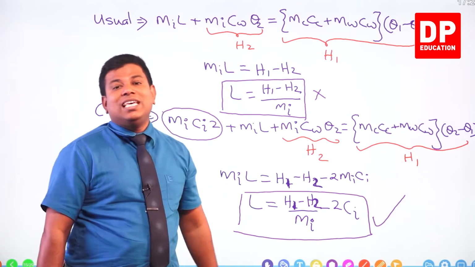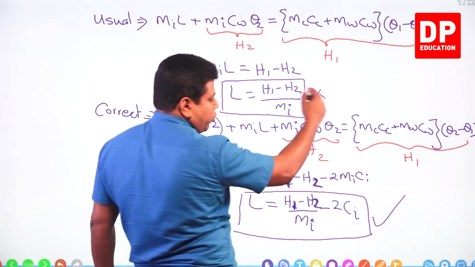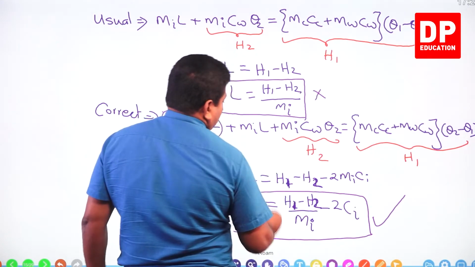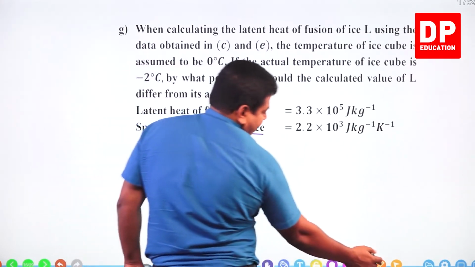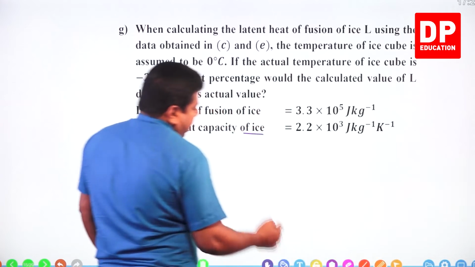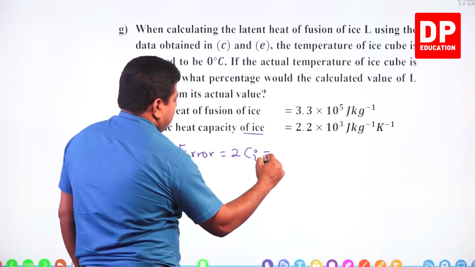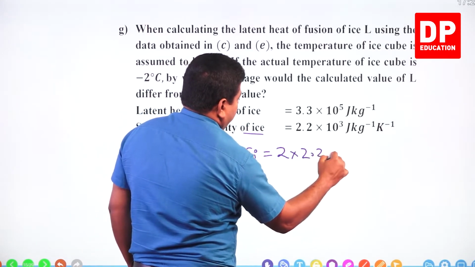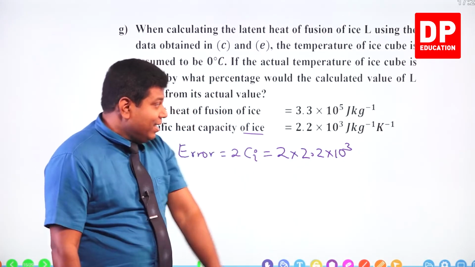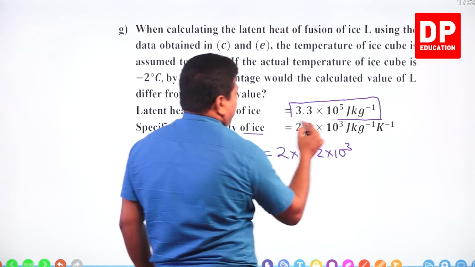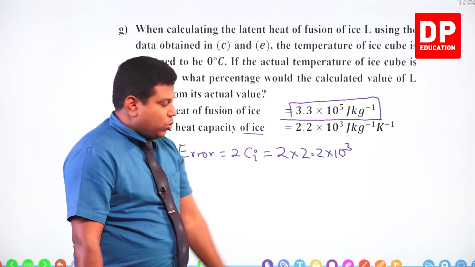Additionally, minus 2 C_i is there, which was earlier missing. So the error is 2 C_i, which is 2.2 into 10 to the power 3. The correct value of L is given. If I do it properly, I should end up with that answer, but now I have an error of this much. So what's the error percentage?